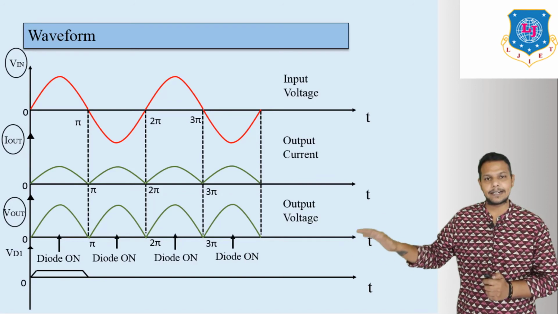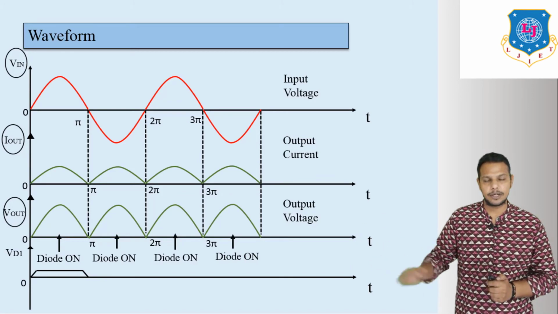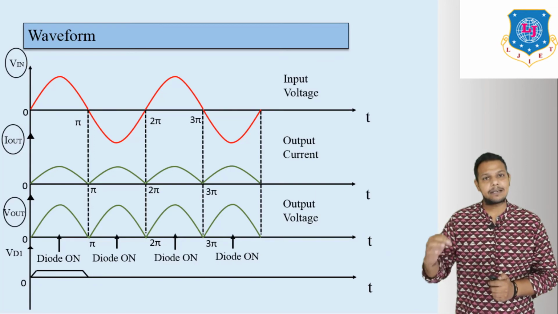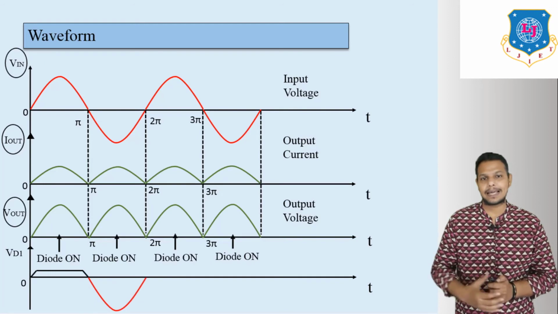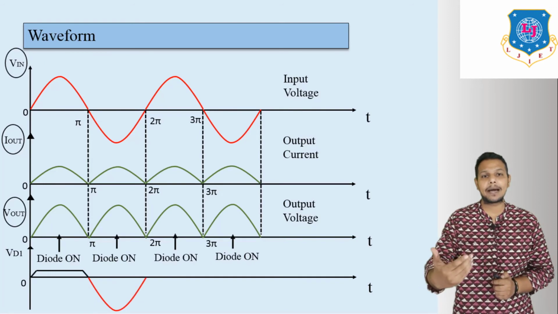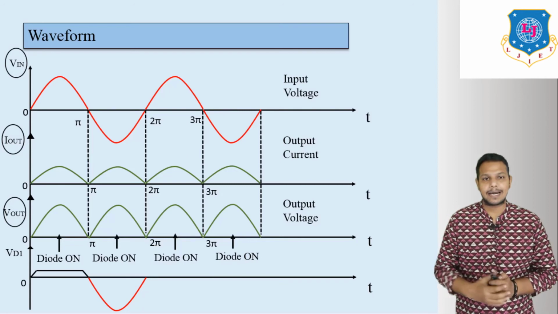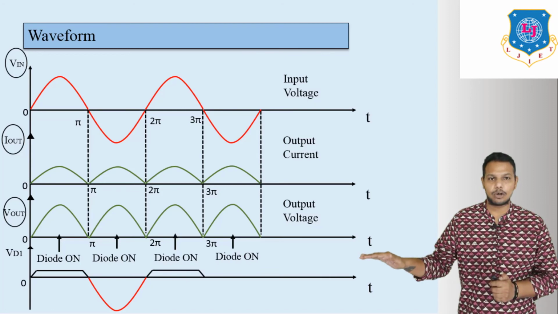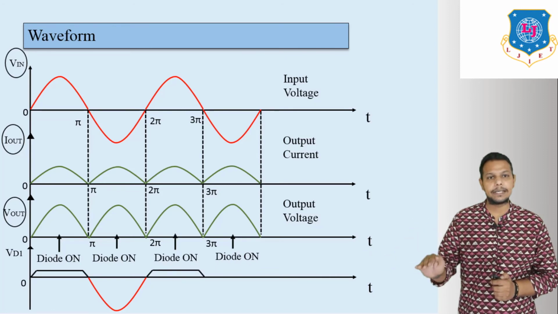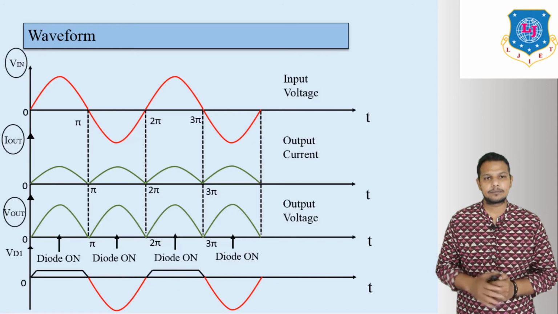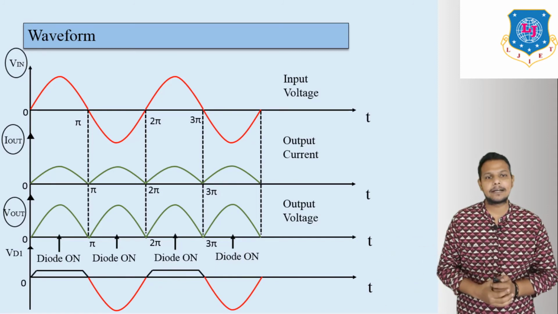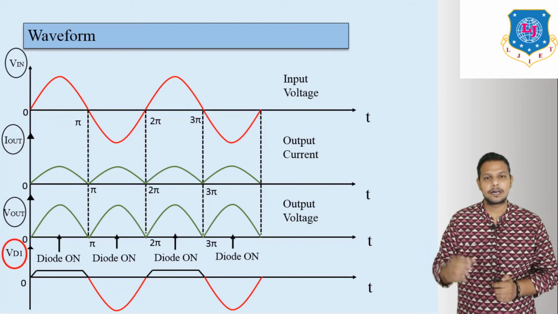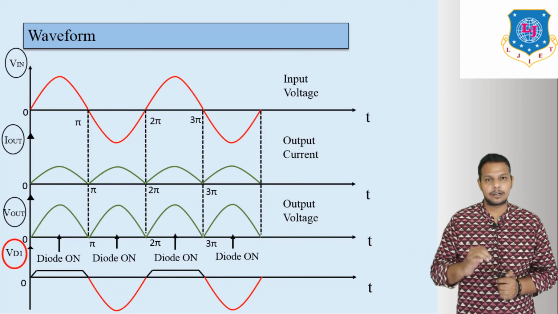If there is negative half cycle, you will get the same as the input waveform like this. Again, if you apply positive half cycle at the input terminal, then you will get 0.7 volts across diode D1. Similarly, if you apply negative, then you will get the same negative waveform. So this is VD1, that means diode D1 voltage.